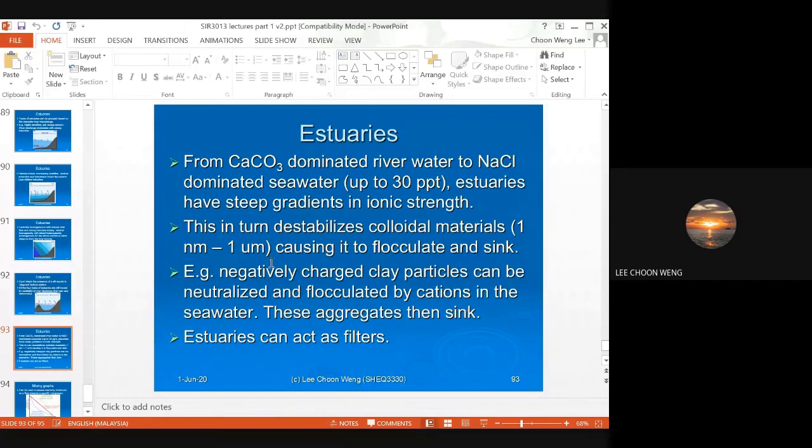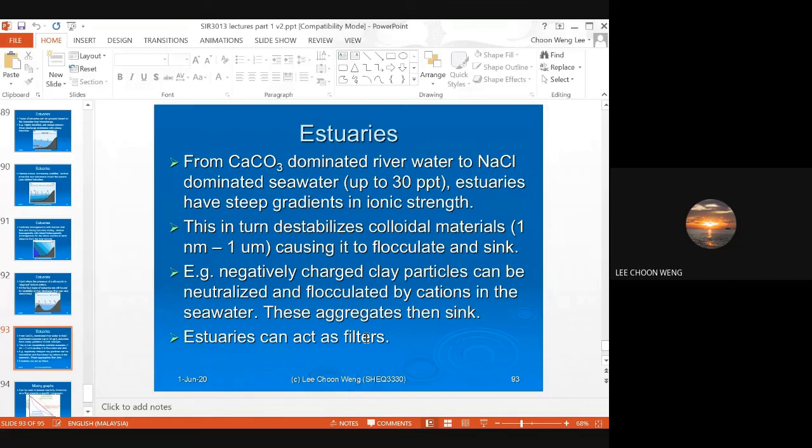So based on this characteristic, it is now known that estuaries act as important filters that clean the river water before releasing it into the sea. A lot of pollutants, a lot of materials are aggregated and sunk in the river mouth.